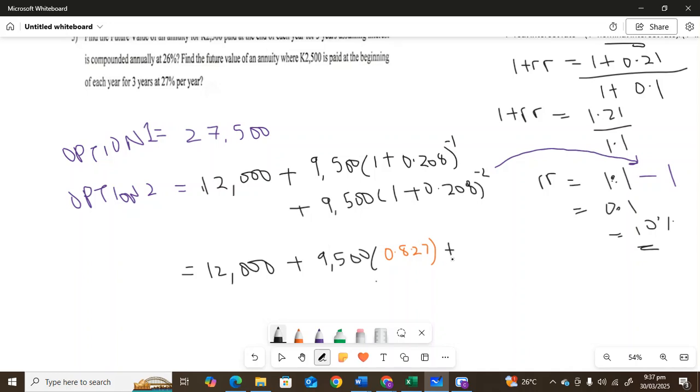Plus 9,500 multiplied by 1.208 to the power negative 2. We get 0.685. So multiply.